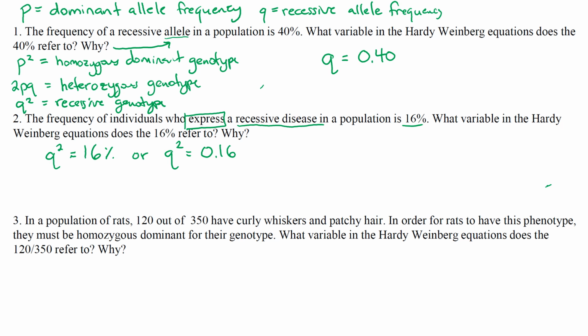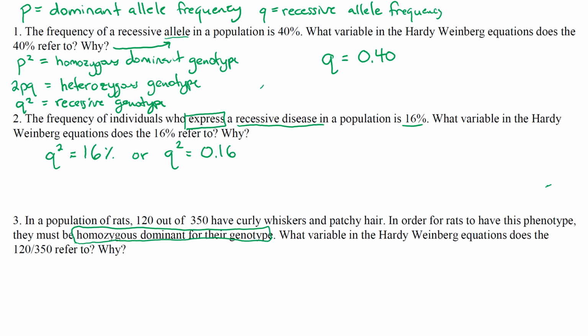Now, for number 3, it says in a population of rats, 120 out of 350 have curly whiskers and patchy hair. In order for rats to have this phenotype, they must be homozygous dominant for their genotype. So again, this is the key here, y'all. To express it, they must be homozygous.